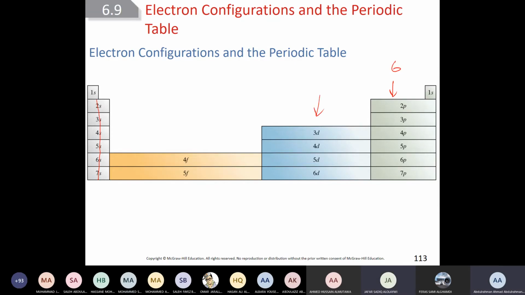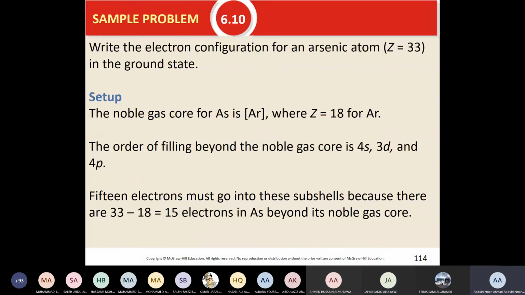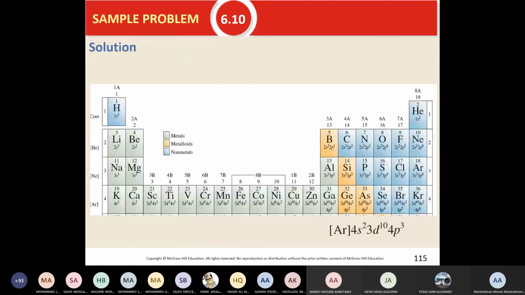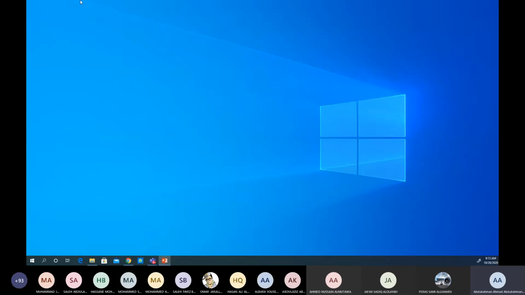How many columns in d? 10. And how many columns in f? 14. Good. Very good. Okay, and with this, we finish the chapter. And then right away, we are already late, we will start chapter 7.